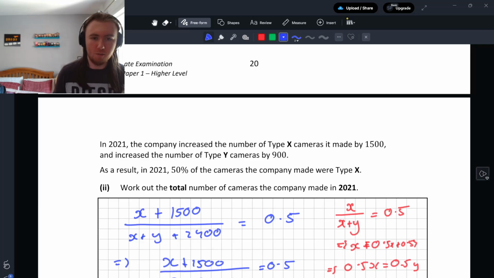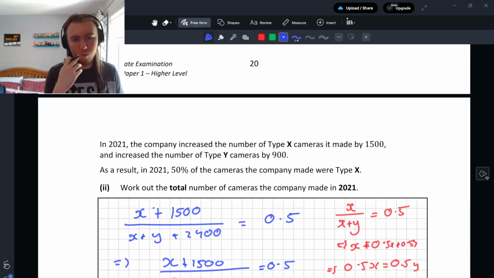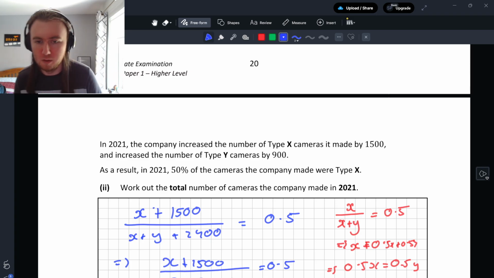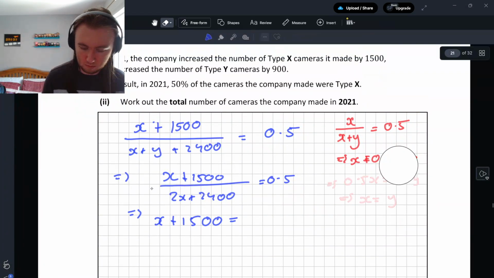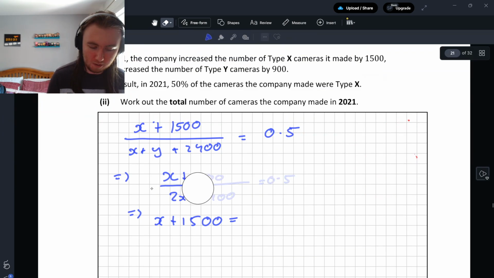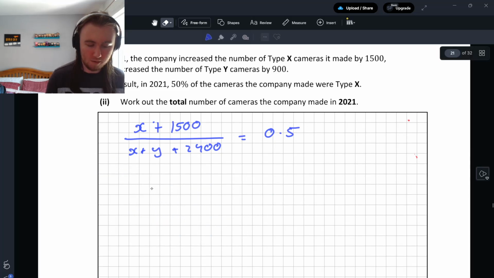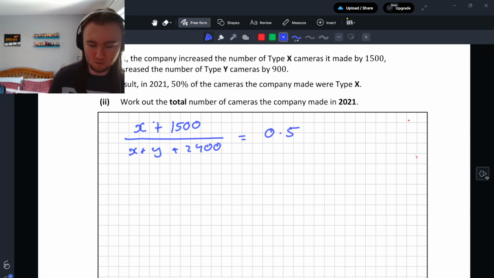So I feel like that's right, because we know that half of them were type X and then half of them were type Y. Usually don't overexert yourself on one of these questions, but I should be speedrunning, so I should be solving this a little bit quicker, but I'm just not.